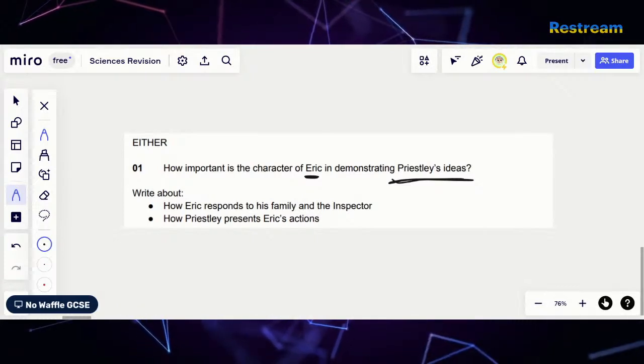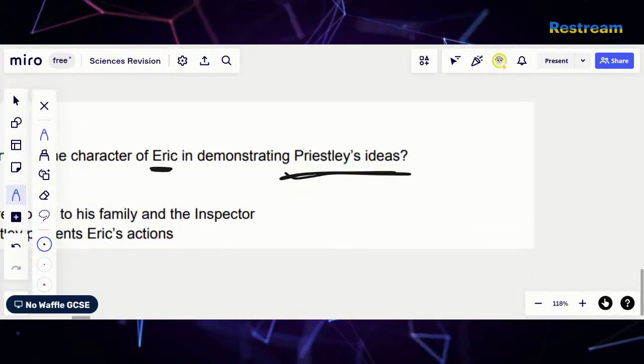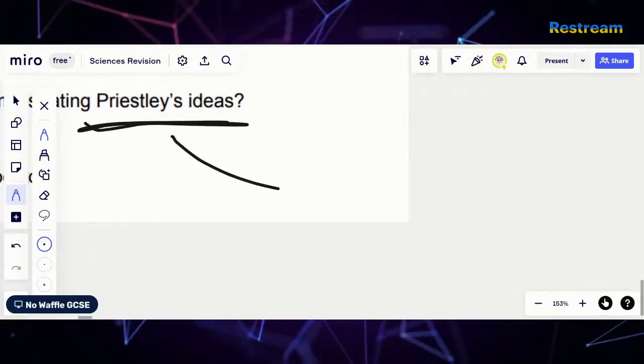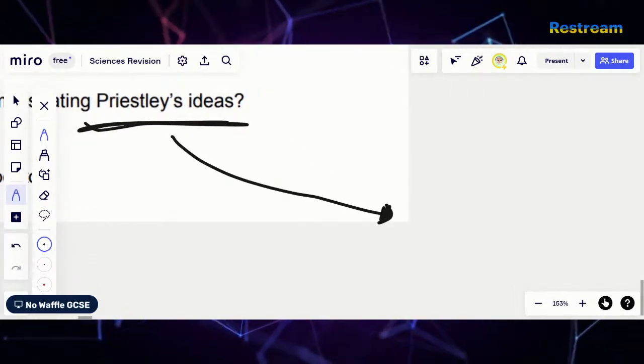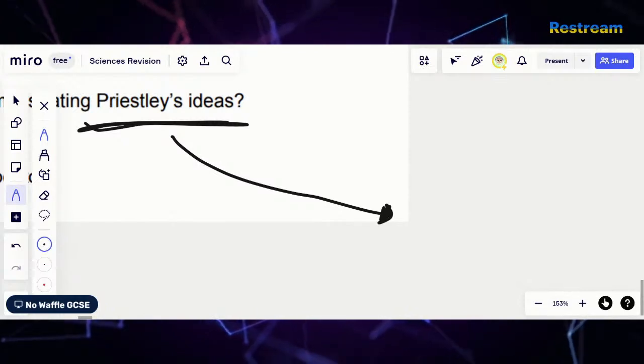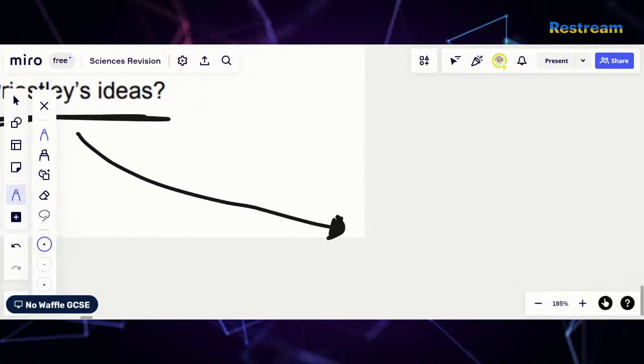So what is Priestley's aim in An Inspector Calls? What is his role? What is his purpose? And what does he try to communicate? Well, there are many roles that he tries to communicate.